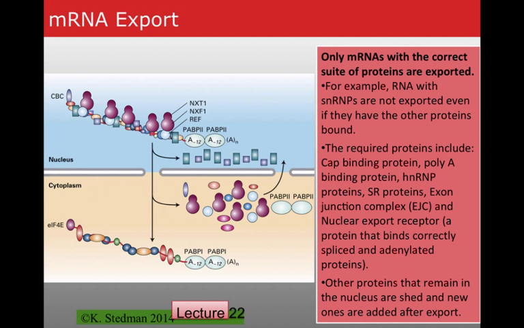If you remember, one of the really neat things that can happen in eukaryotes, and particularly in the larger eukaryotes like us, is you have lots of alternative splicing. Now, this is great, but you have to make sure that all the alternative splicing has taken place, and that it's the right alternative splicing. A lot of the proteins that you see here are just named NXT, blah, blah, blah. It's not important what they are, but really important here are these exon junction complexes.